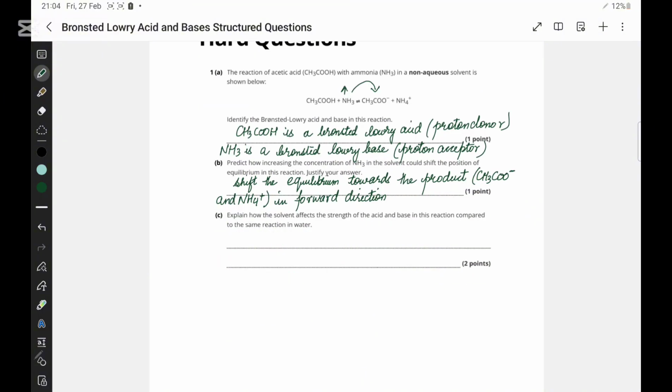Explain how the solvent affects the strength of acid and base in the reaction compared to the same reaction in water. So what happens in water?